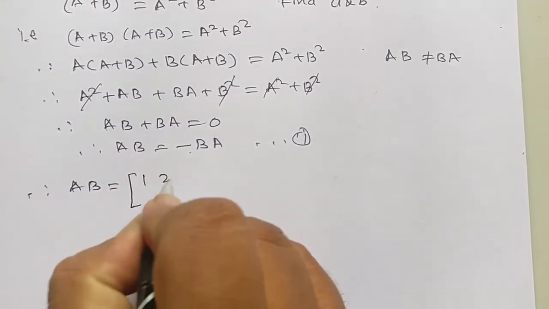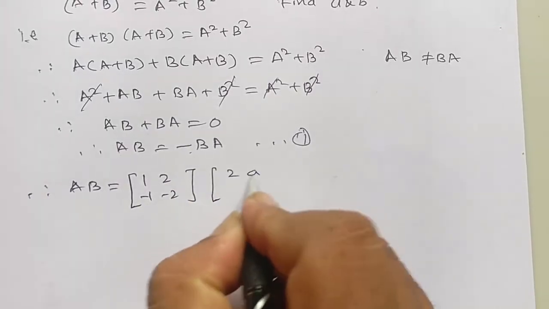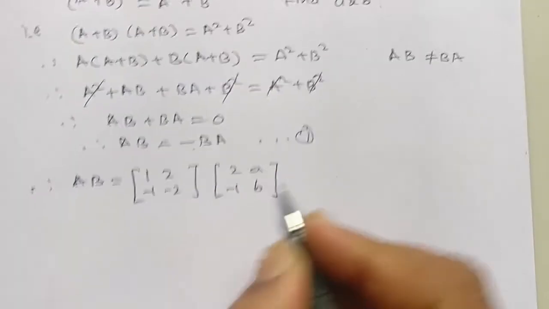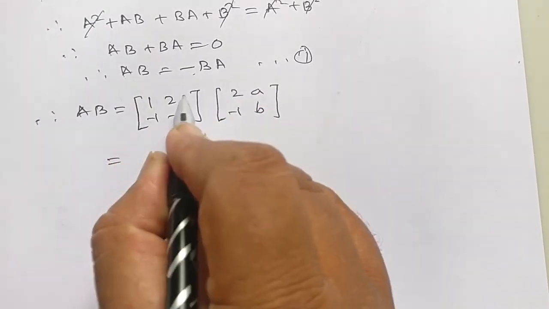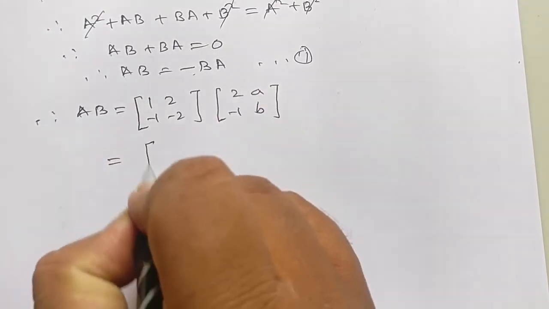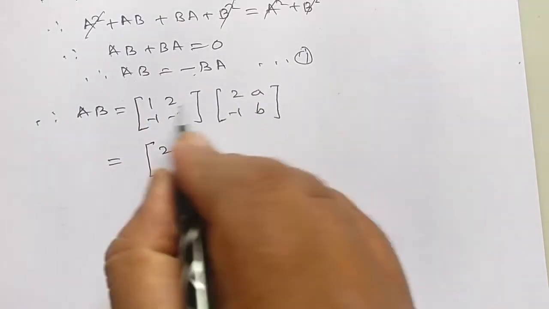A is the matrix 1 2 minus 1 minus 2. B is the matrix 2a minus 1 b. Now the product of two matrices: we take first row, first column, 1 into 2 is 2, 2 into minus 2 is minus 2.